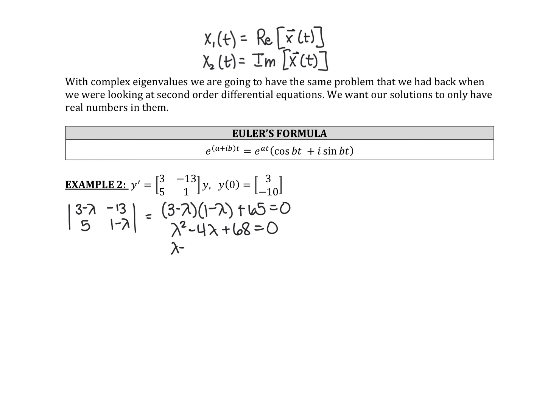If we complete the square, we'd be adding 4, right? Subtracting 68, but adding 4 to the other side, so minus 64. Completing the square on this and solving, we get lambda equals positive 2 plus or minus 8i.